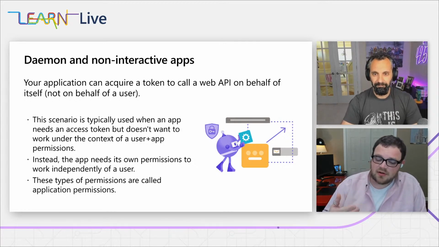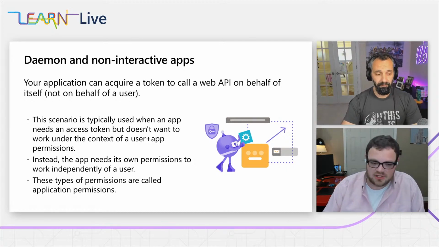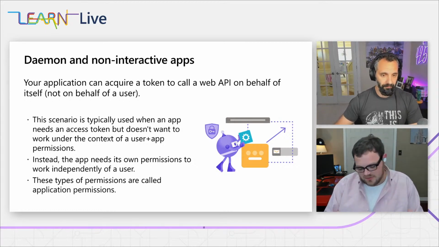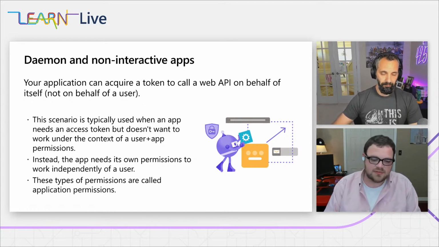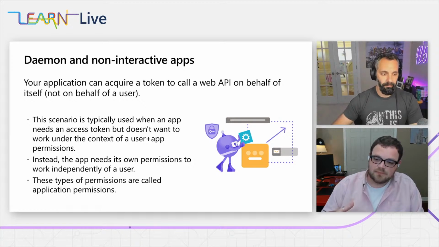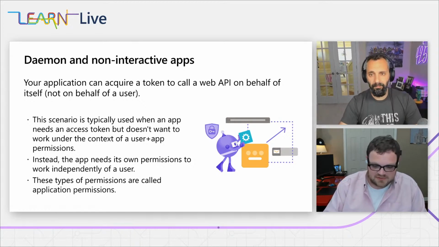And because of that, they authenticate with their own set of credentials. So in Azure AD, you'll hear them called service principals a whole lot, where the service principal is essentially the securable part. The credential itself is the service principal's ID and secret or certificate, and then permissions are assigned to that.